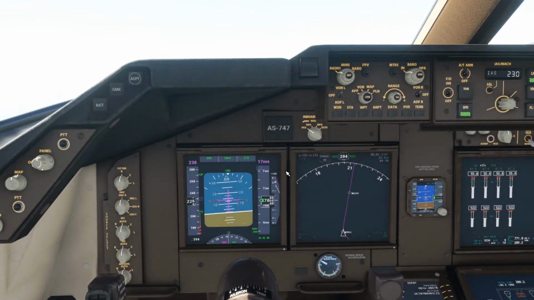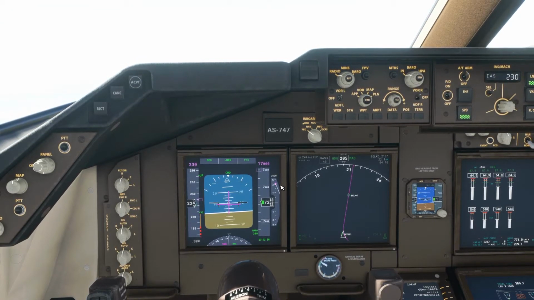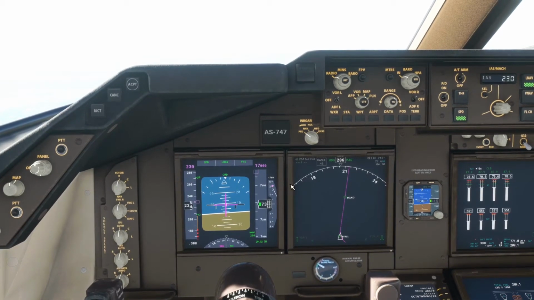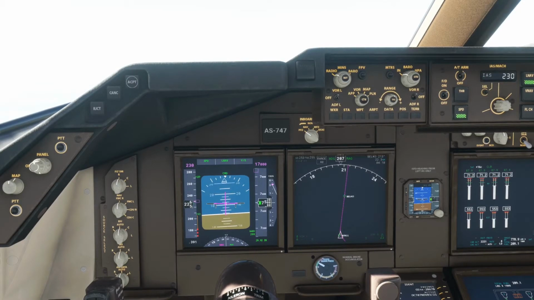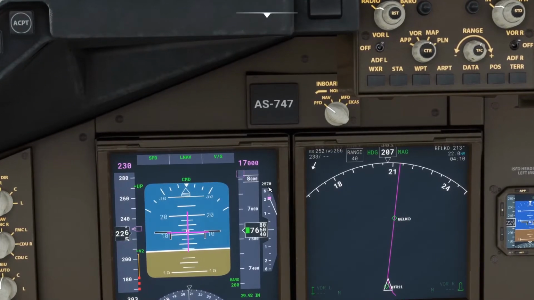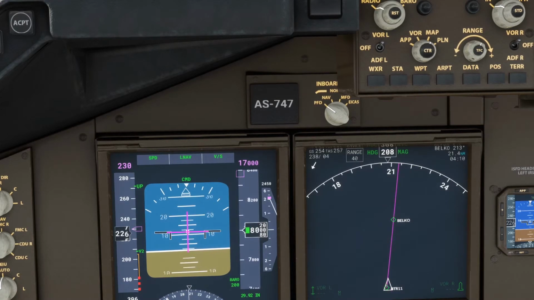You can see the plane will start to climb exactly at 2,550 feet, with some little variations, it's okay, because the plane is also adjusting, the autopilot is adjusting the speed and the pitch. So it will eventually stabilize at 2,500, with some little variations.